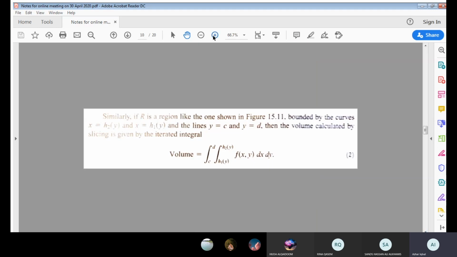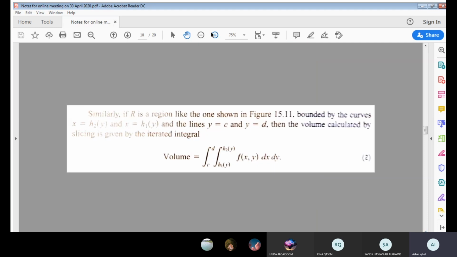And similarly, if R is a region like the one shown in the previous figure, but which is bounded by the curves x equal to h2(y) and x equal to h1(y). You see that these curves in the xy plane are defined differently.